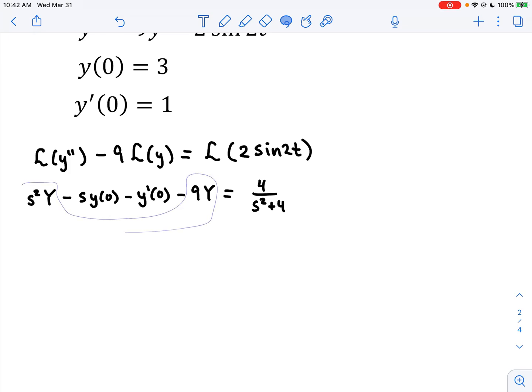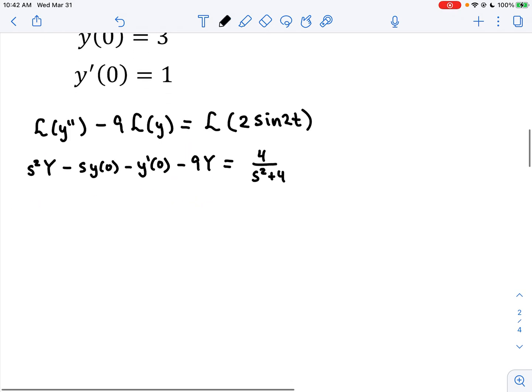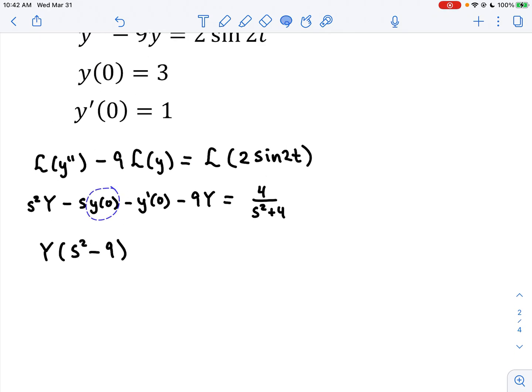First I'm going to keep the y terms on the left side of the equation and factor out the capital Y. So we have capital Y times s squared minus 9. This y of 0 is going to be 3, given the initial condition. So we're going to have minus 3s, but I move that to the other side of the equation. So over there already we have 4 over s squared plus 4, and then we're going to be adding 3s to each side of the equation.